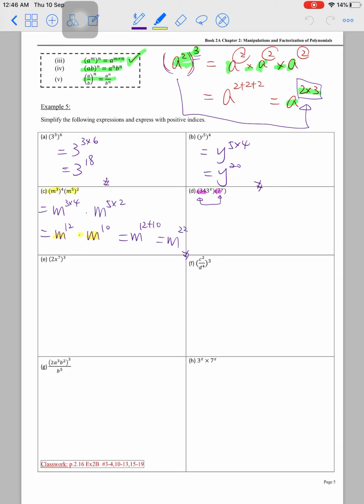So the only thing you can do is check whether there is any relationship between 343 and 7, between base 7 and base 343. You check that. 343 is 7 to the power 3.